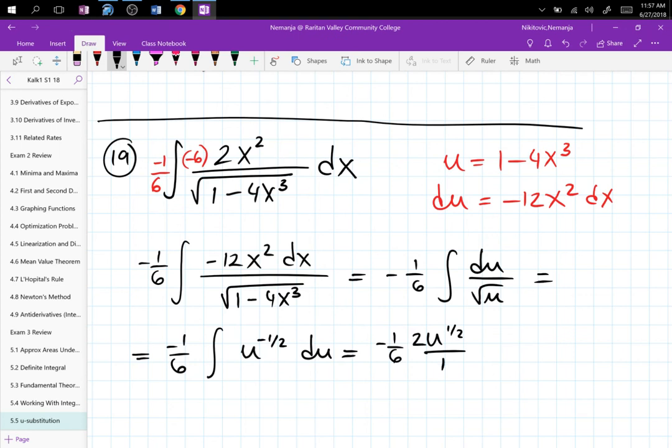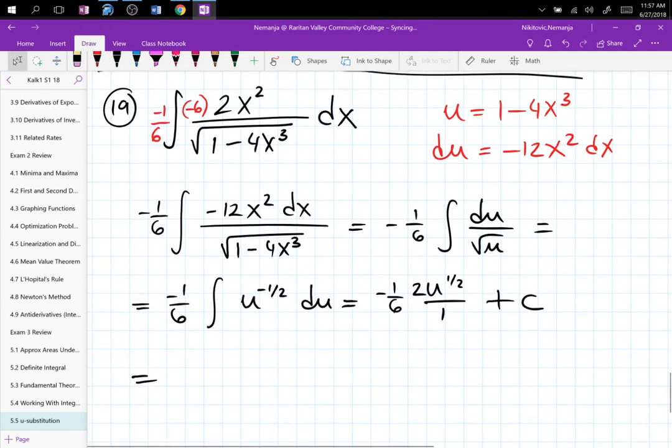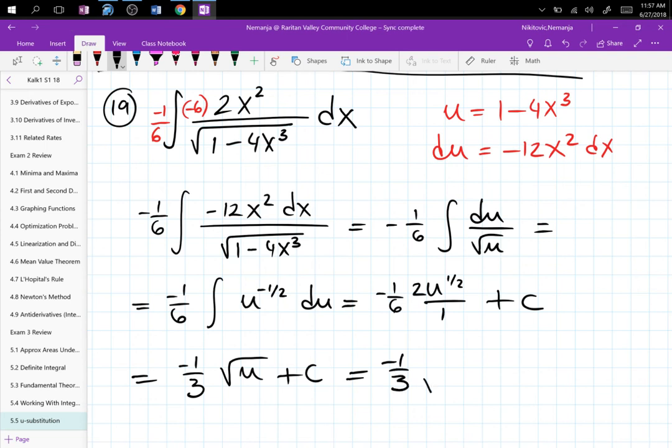I put 2 on top immediately because double fraction would solve that way anyway. And I have the 2/6 that becomes -1/3 square root of u plus c. Now, I don't care about u, I care about the x, which means we substitute 1 minus 4x cubed plus c, and there it is.